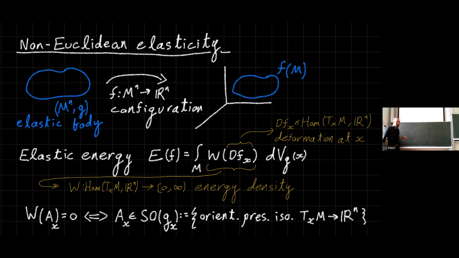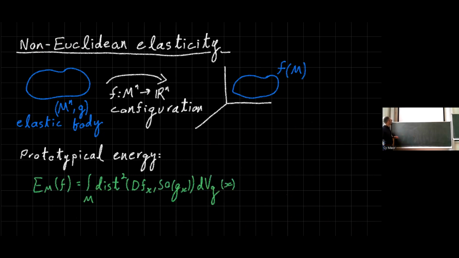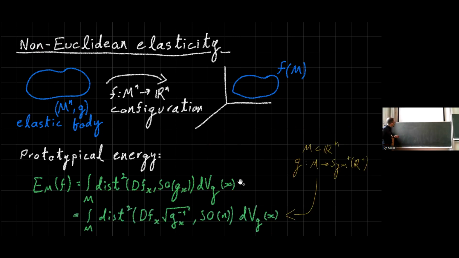So what is an example of such an elastic energy? As before, I want to take the distance squared from this SOG, but you can write it, if you think of G as being just a map from our domain to positive definite symmetric matrices, in coordinates just as the distance squared of df composed with the square root of G inverse and SO(n).